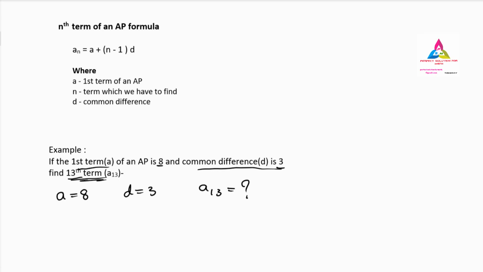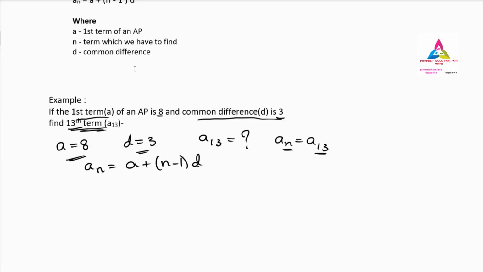By the formula, an is equal to a plus n minus 1 into d. Now the question arises: they have given A13, but the formula has an. So an is nothing but A13, since you have to find the 13th term. So the n value will become 13, n is equal to 13. Substitute that in the formula.